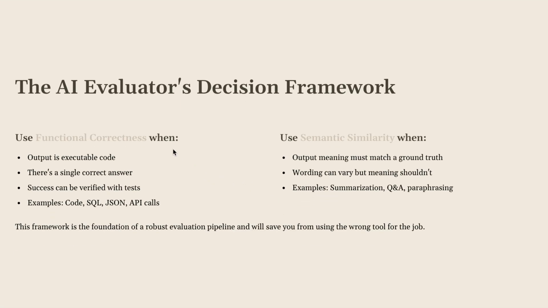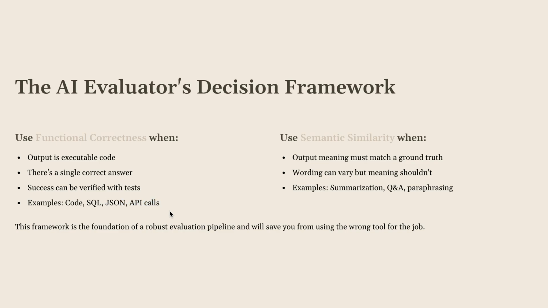So you now have 2 powerful tools, but the most important skill is knowing when to use each one. Here's a simple decision framework. Start by asking, is my AI's output executable or verifiable against a single right answer? If the answer is yes, if it's generating code, SQL, JSON, or a specific value, then your choice is clear.